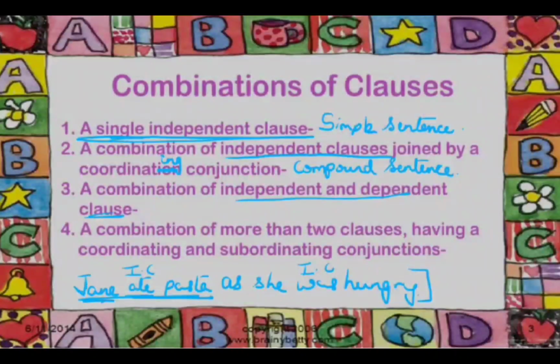What is my latter sentence? As she was hungry. As she was hungry becomes dependent, it's giving additional information about Jane. It is giving a reason why she ate pasta.